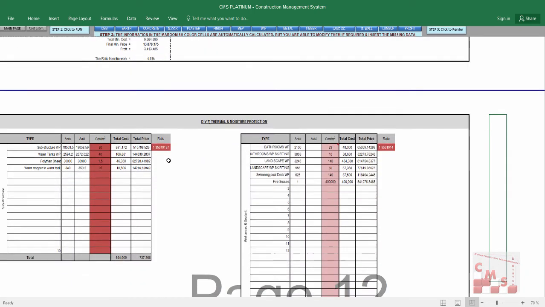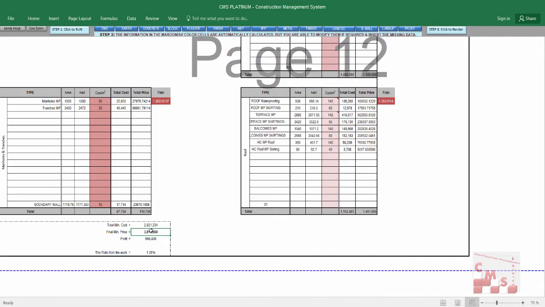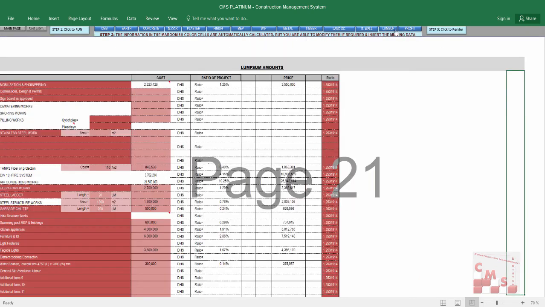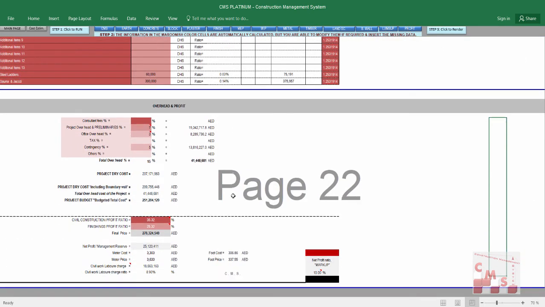For everything, you will have now a profit ratio and the variance between the price and the cost, which is the profit of this activity. This is for all activities.